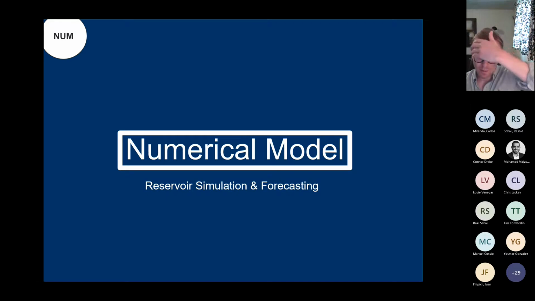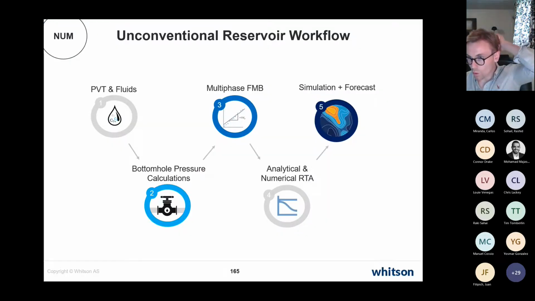The absolute last step of the unconventional reservoir workflow would be to bring this into a numerical model. That's step number 5, the numerical model and forecasting. Once you've picked an LFP and an OIP, it's important to remember that there's an infinite number of combinations of reservoir parameters that can give us that LFP and OIP.